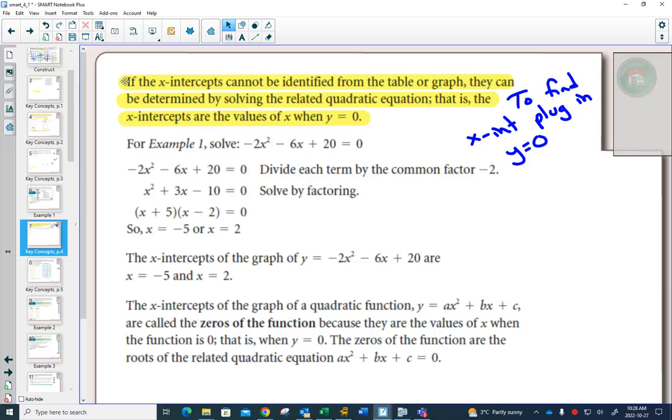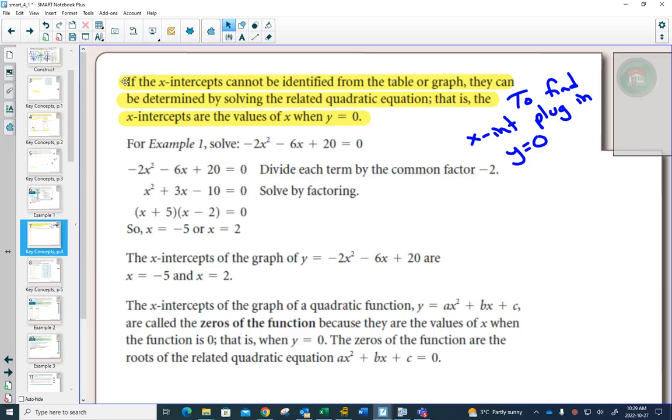Those were the 3 techniques that we learned in chapter 3 for solving an equation. Now we can use those in chapter 4 as a way to find the x-intercepts. If I had this, I would probably divide everything by 2 to make it easier to factor. Once I have x squared plus 3x minus 10, it factors nicely to (x plus 5)(x minus 2). So our x-intercepts are -5 and 2.